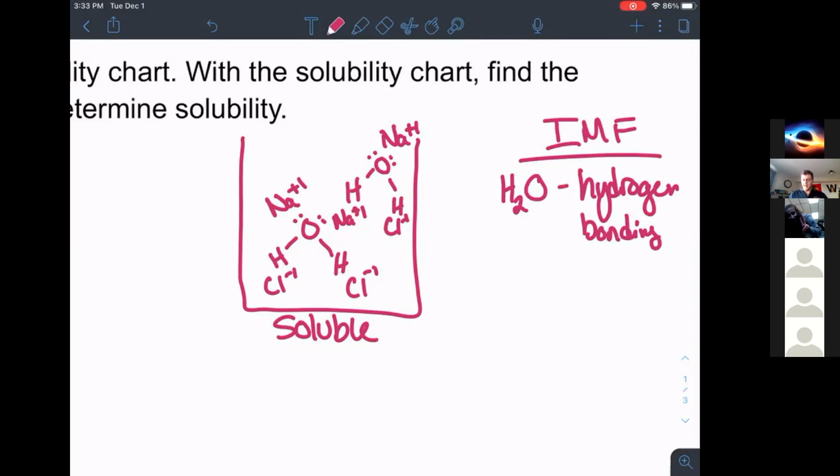London dispersion forces. Exactly, London dispersion forces. So that was the one I was going to suggest first. Because all compounds are going to have London dispersion forces. That's just the force that holds them together.